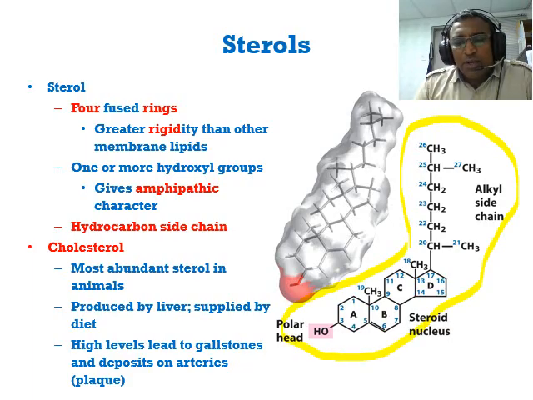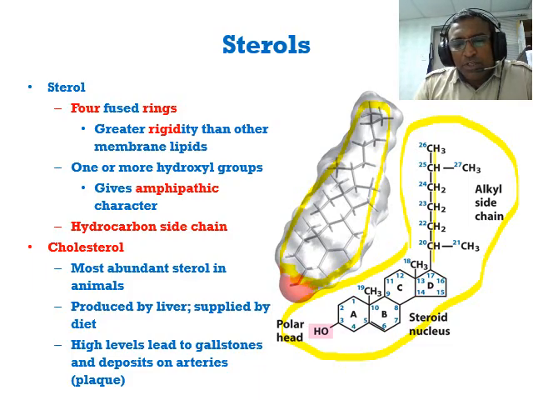It has these four fused rings, very rigid, and it's not soluble in water. Similarly, the hydrocarbon chain that is connected to it is also not soluble in water. So as a whole, this structure from here until here is not soluble.